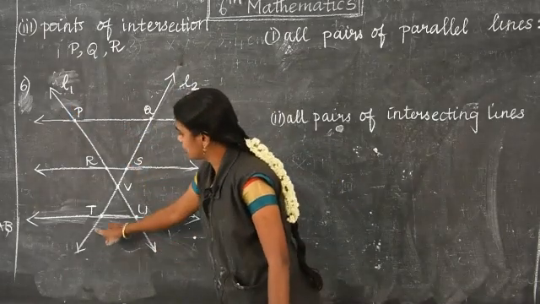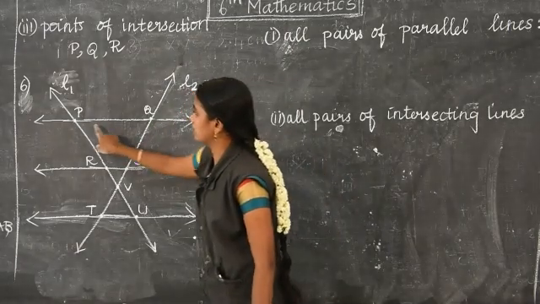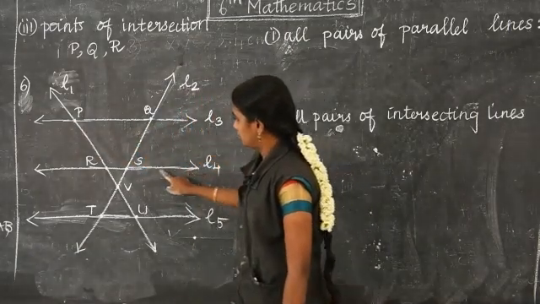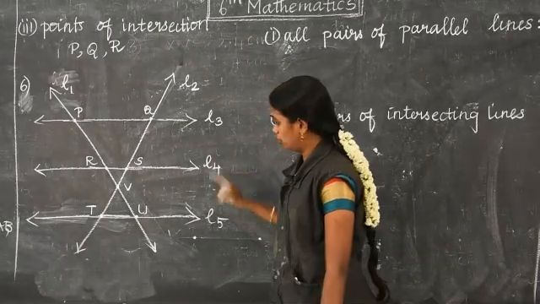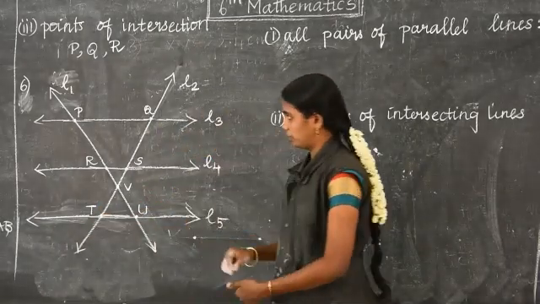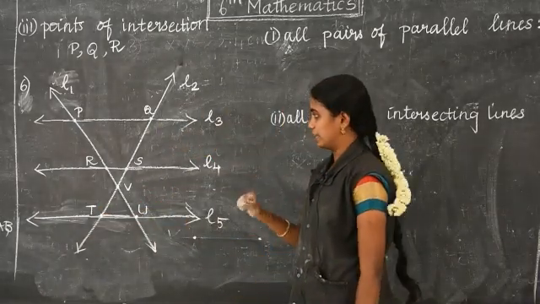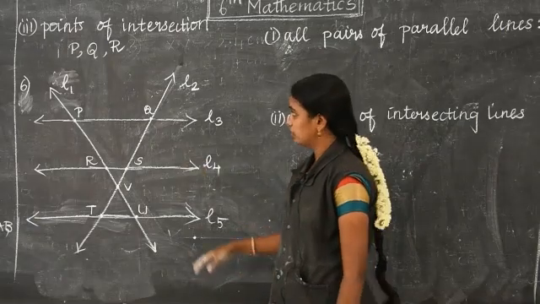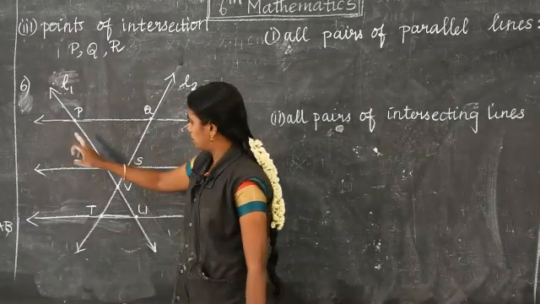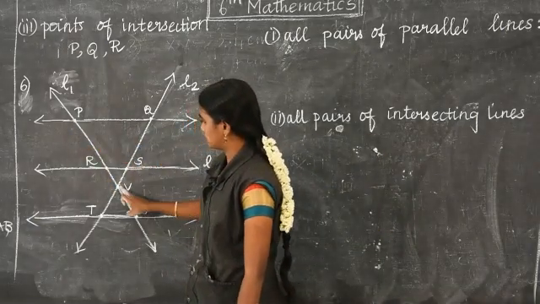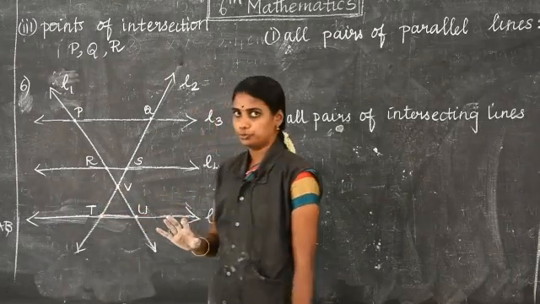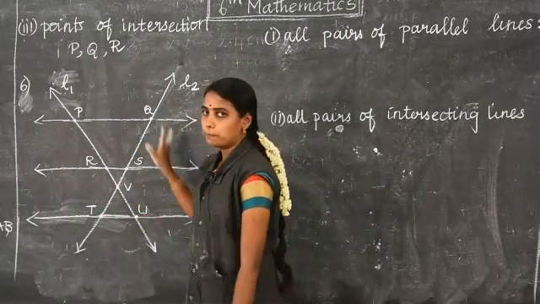This line is L2. This line is L3. This line is L4. This line is L5. Totally how many lines? 5 lines, names given. Then points are given: P, Q, R, S, V, T, U. These are called points.